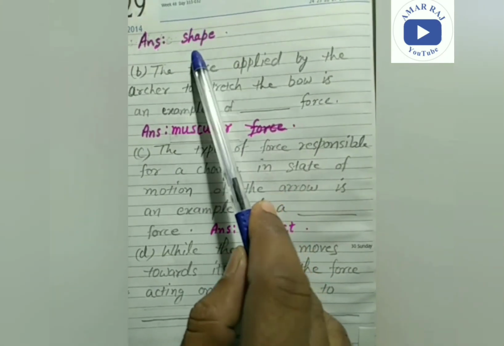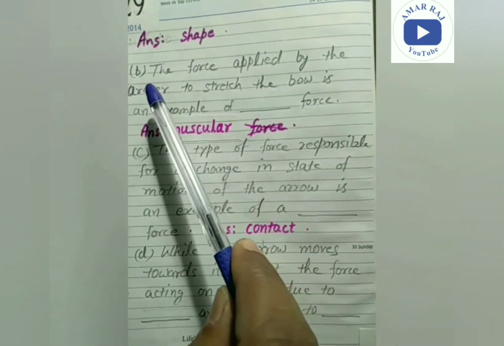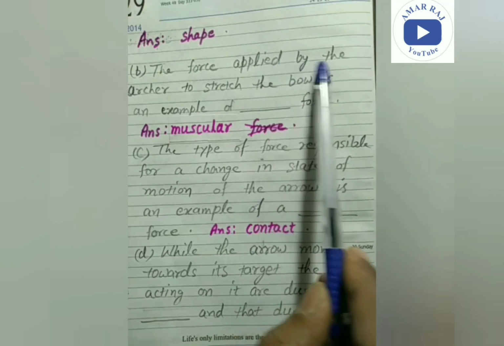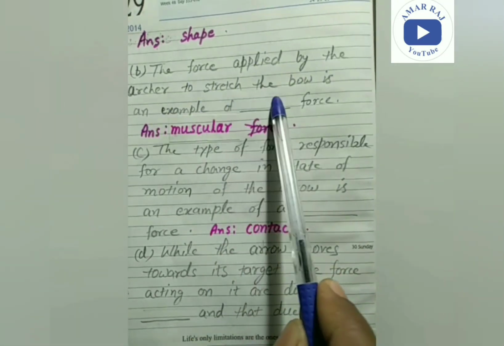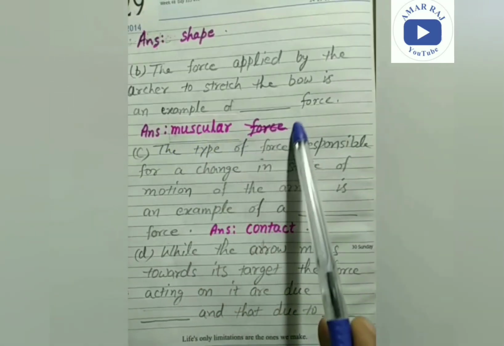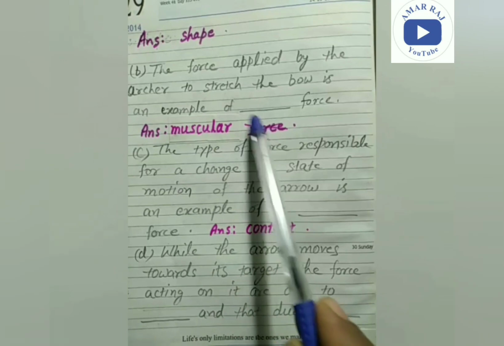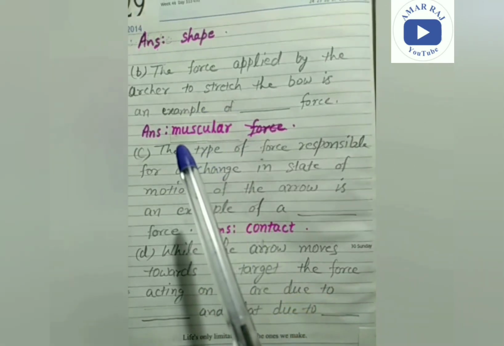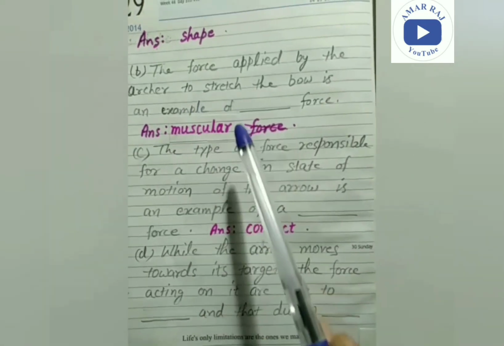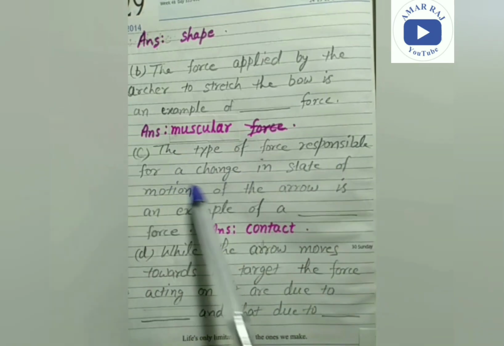Next part of the question: the force applied by the archer to stretch the bow is an example of dash force. Obviously, the force applied by the archer to stretch the bow is with her muscles. So it is an example of muscular force.